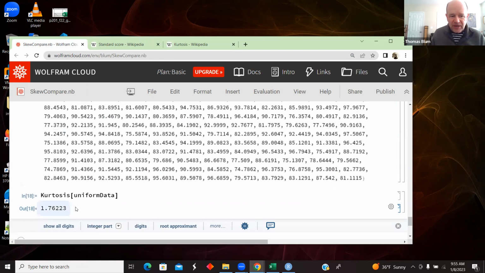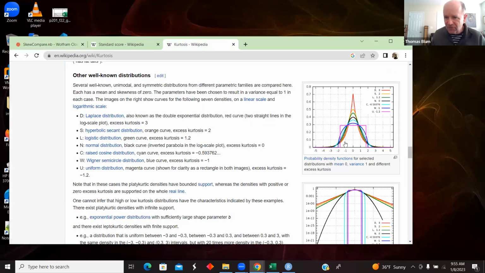So if I were to subtract 3, I would be in the vicinity of, if I round up 1.8, 3 minus 1.2. So we are seeing a uniform distribution, as excess kurtosis, have a negative value. The normal was 0, and things that are sharply peaked have a higher kurtosis.